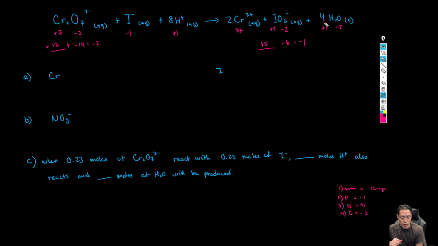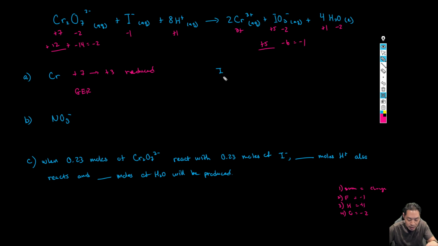So now let's look at which ones are going through oxidation and which ones are going through reduction. You want to see if they're going to change their oxidation state. This one's going from +7 to +3, so this one is gaining electrons, and so this one's being reduced.